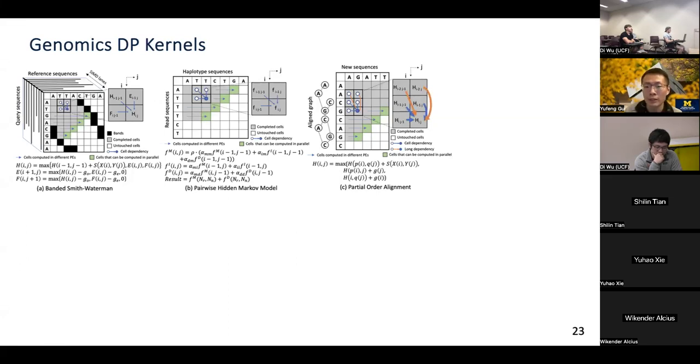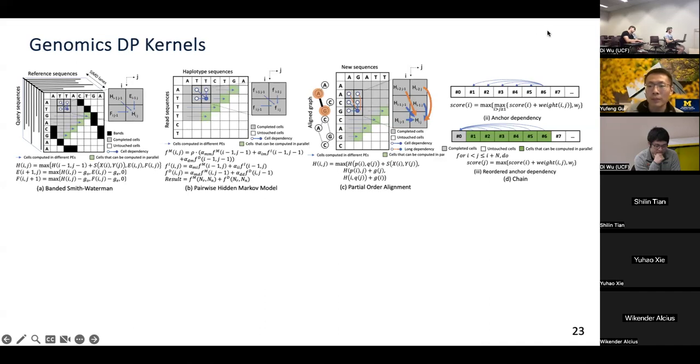They depend on the graph structure. If there is an edge connecting two nodes, then we need to consider this dependency. For example, this G is connected to both C and A. That's why, when we calculate this new score, we have to compare with the previous row and the next previous row, because there are two nodes connected to this G.